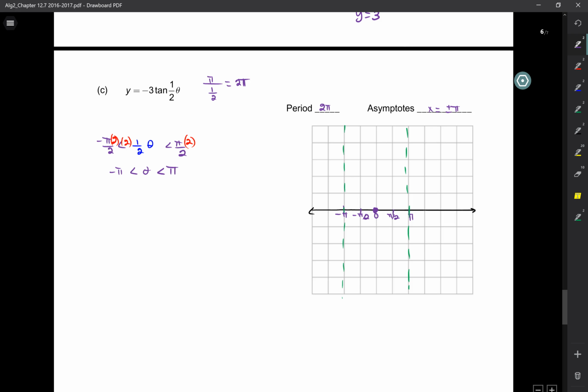Now, to the right, we were going up, right? In this case, we would have to go up 3. But now that there is a negative in front, we're going to go down 3 to the right. And to the left, we're going to go up 3. Okay, so this is called a what? A reflection around the x-axis.